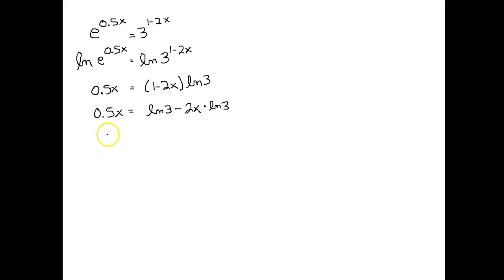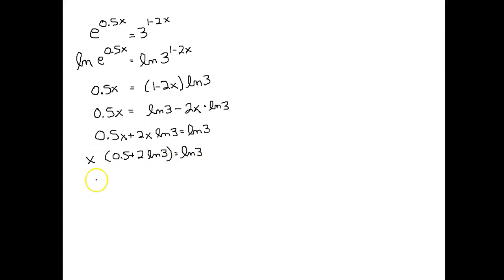Let's see, add 2x natural log of 3 to both sides. That equals natural log 3. Factor out x. You'll have x times 0.5 plus 2 natural log 3.